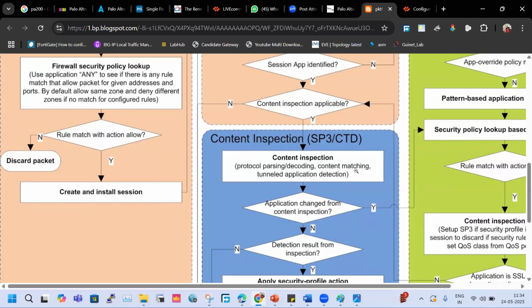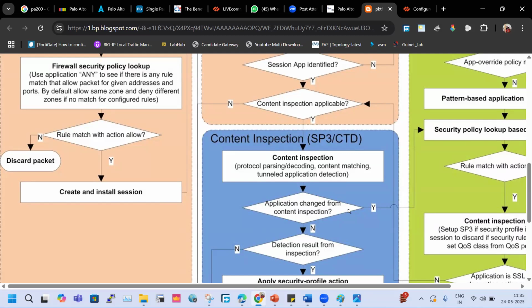Sometimes an application shift happens. Whenever a user is trying to access facebook.com, then it goes to Facebook games, then it goes to Facebook chat. This is how application shift happens. So after content inspection, it will try to find whether the application has shifted or not.